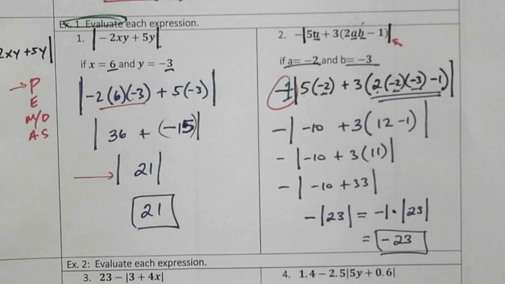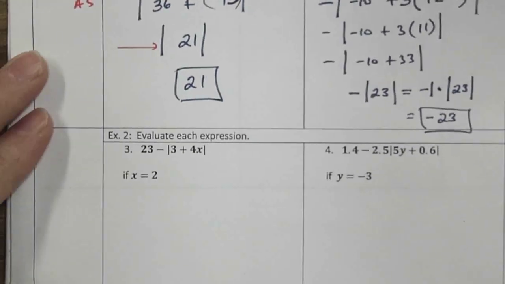So what do we do? Calculate the inside of the absolute value first. Then when you're done, take the absolute value of that number, basically taking that number, making it a positive, and then you can do anything on the outside.